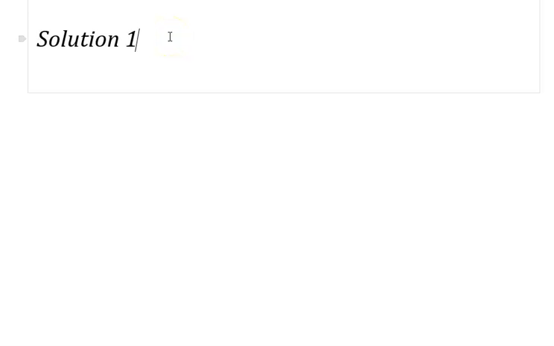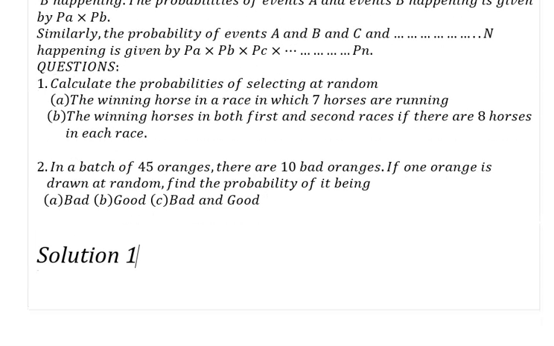Now, the question is telling us that we should calculate the probability of selecting at random the winning horse in a race in which 7 horses are running. So, this is quite easy and straightforward since only one of those horses is going to emerge the winner at the end of the day. Because 7 horses are running, there's only one that will win.